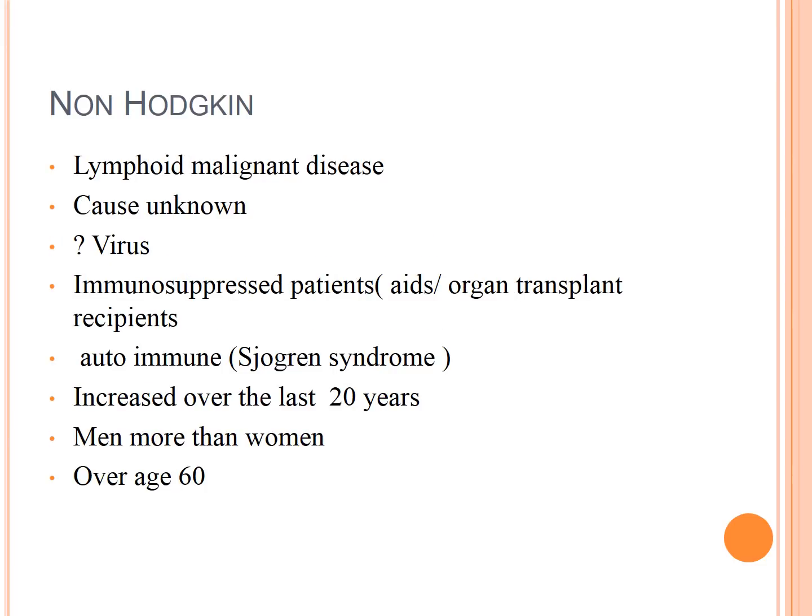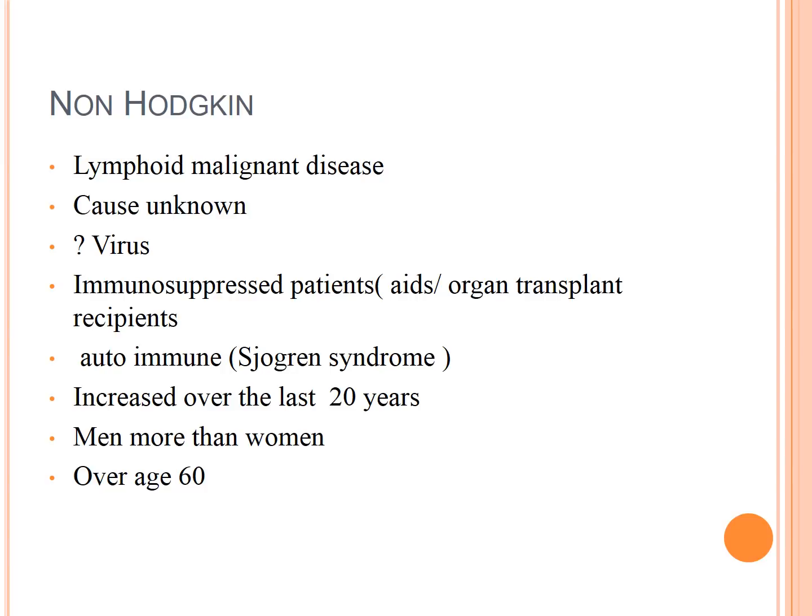Your non-Hodgkin's lymphoma, so you probably recall this from the HIV lecture, right? When patients progress to AIDS and they have the risk for opportunistic infections, etc., non-Hodgkin's lymphoma is one of them.